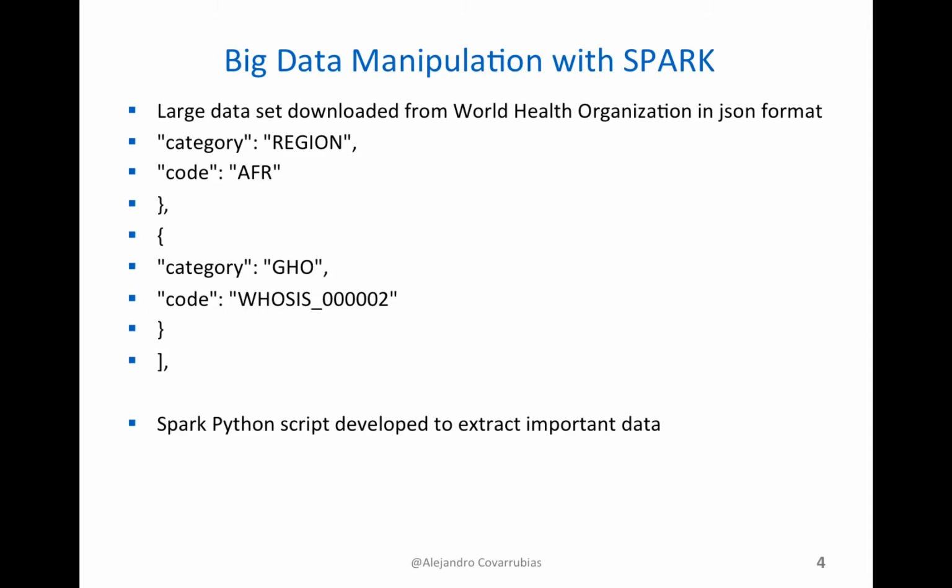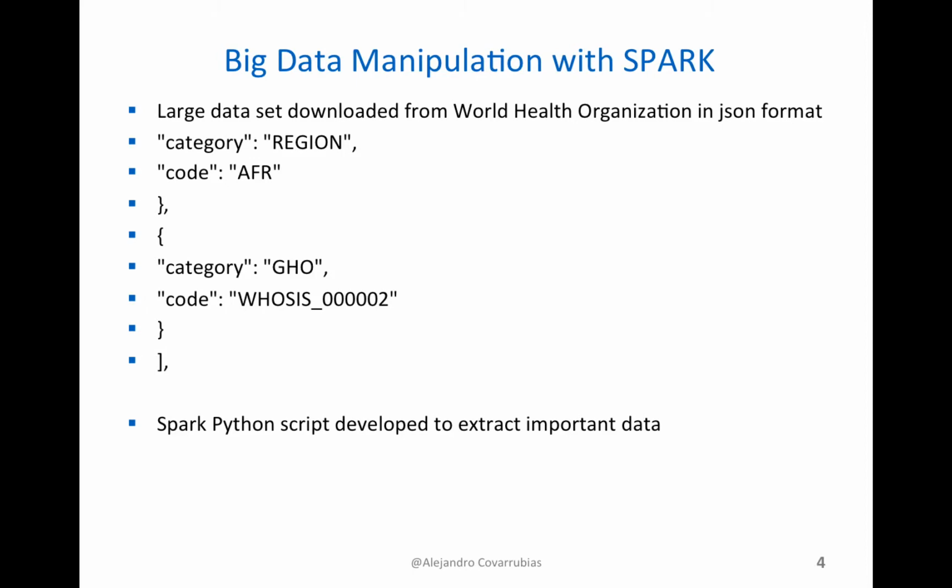Just to begin with the analysis of the project, I have downloaded a large data set from World Health Organization in JSON format, and this data set, as you can see, has a lot of different characters that are not good, or that give us no apparent results of what we're trying to achieve.